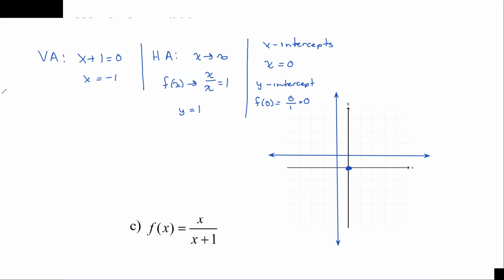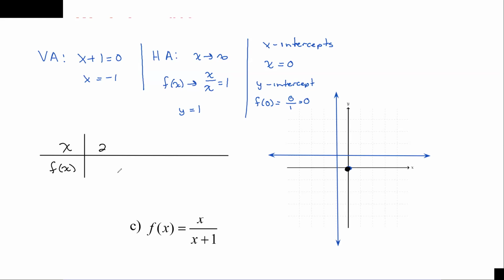Now, just to find a few additional points. Let's try on this side where we already have that point at 0, 0. Let's go a little bit out. Let's look at 2.